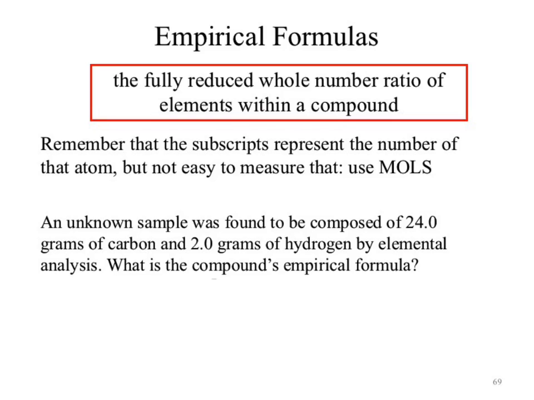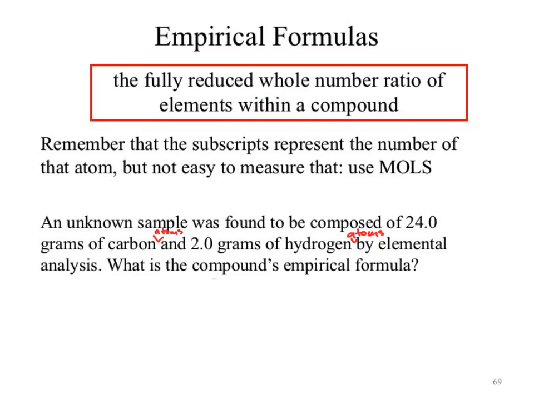So could we do another example? Yes, absolutely. There it is. Your turn. Set it up. See what you can come up with for your empirical formula for this unknown compound. So if we go through and take a look at this, we're being asked for the empirical formula.